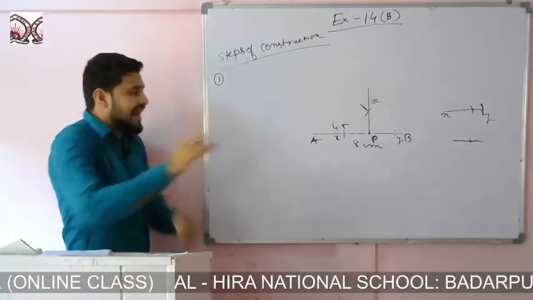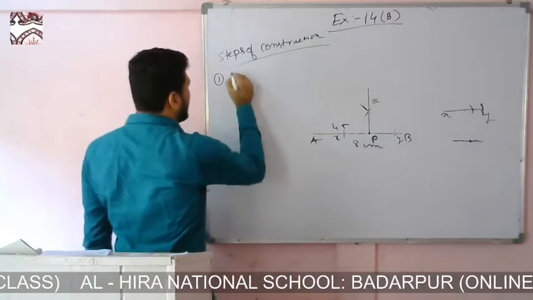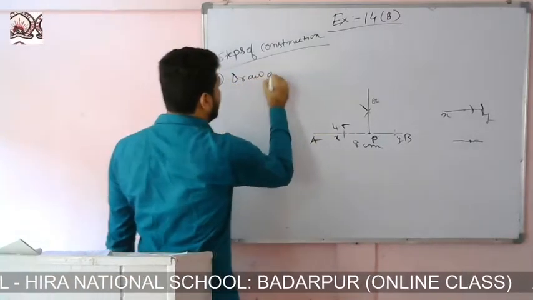Write number 1: Draw a line segment AB equals 8 centimeters.